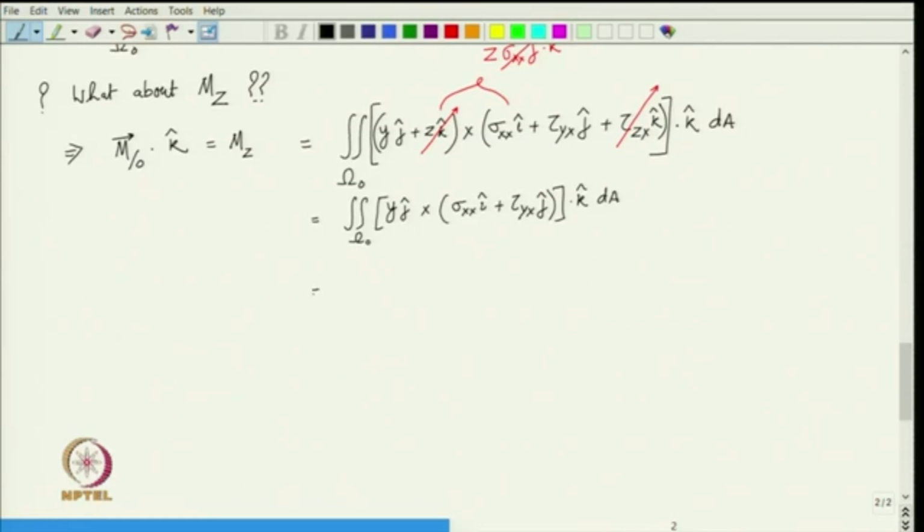So, what we get from here is integration over omega naught of y into sigma x x times minus k dot with k d a, okay, which is again minus integration over omega naught y times sigma x x d a, all right. And now we can plug in the formula for sigma x x, which we have just figured out.